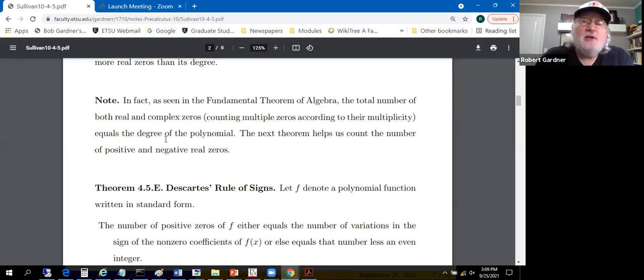So the degree of the polynomial equals the number of roots, the number of zeros. You got to let me use complex numbers for that to hold, and you got to let me count zeros according to their multiplicity to get that to hold.